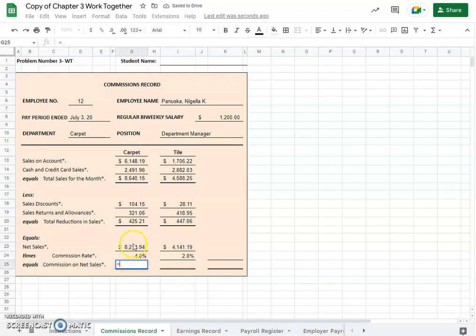And then you just multiply that. 8,214 times the 4% would get us your commission for carpet, and times the 2% here would get us the commission for tile. And then you would just add those together to get her total commission, $411.42. Okay, so that's the end of our first part.